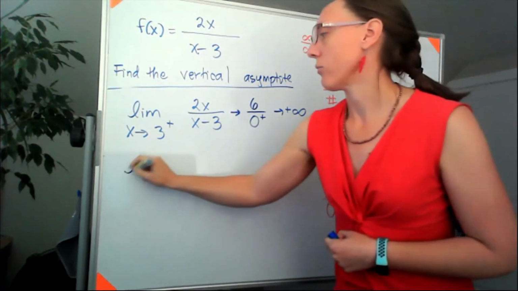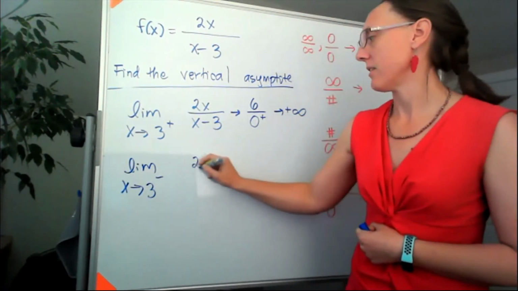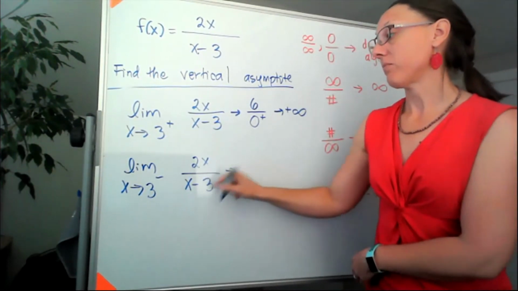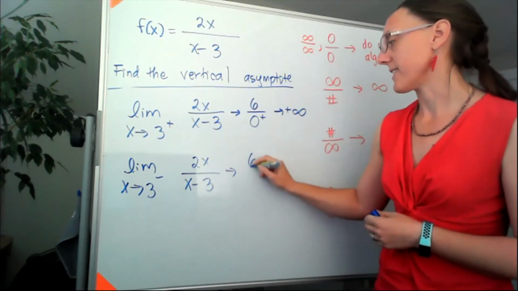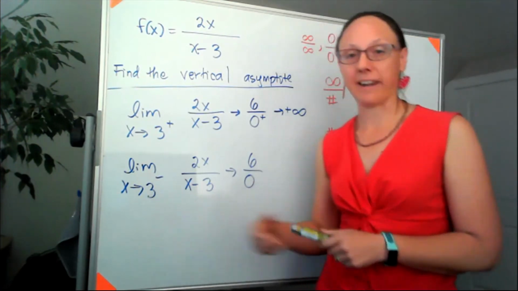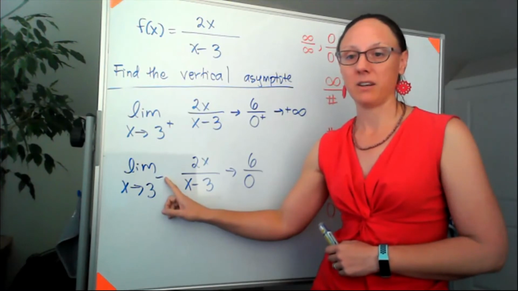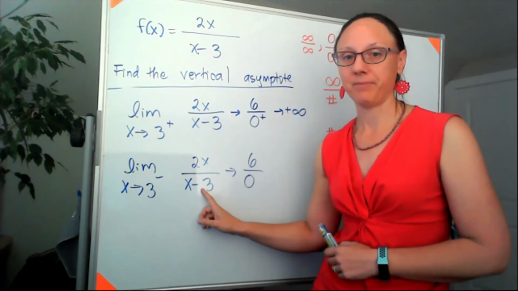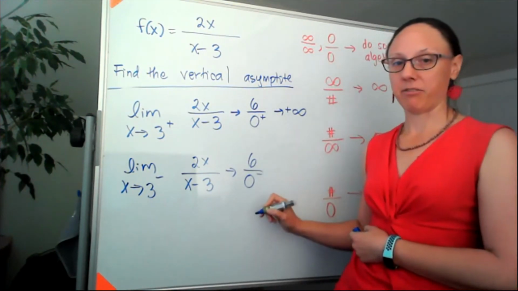If I come back through and I look at the limit as X approaches 3 from the left, we're going to start off exactly the same way. I'm going to plug in the number. So in the numerator, I get 6, and in the denominator, I get 0. Then I'm going to come back over here and ask myself, well, if I was at 3, but I subtracted a little bit, and then I subtracted 3 more, I'm going to be a little bit negative.